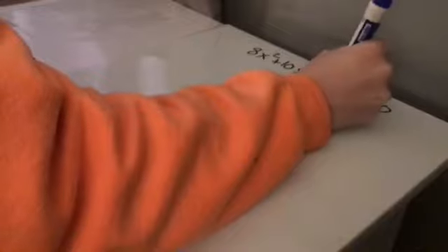So I'm going to subtract 12x, and I'm going to subtract 10 from both sides. So I'm going to end up with 8x squared minus 2x minus 21 equals 0. Then I'm going to factor that, okay?